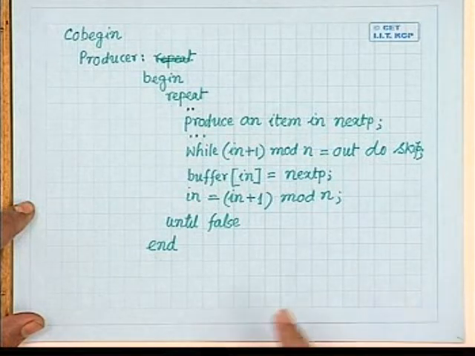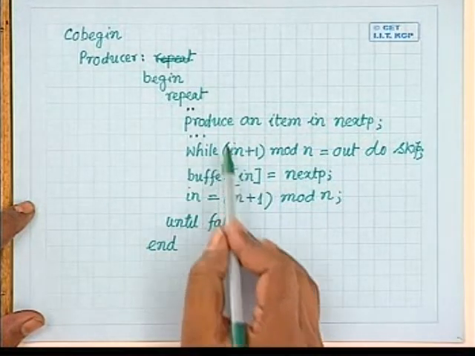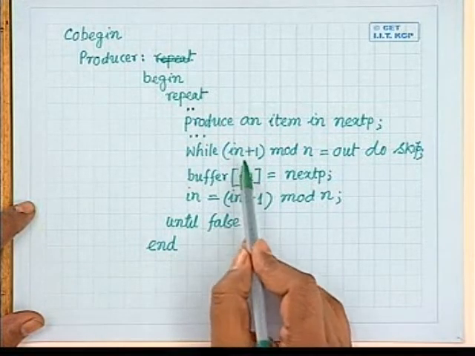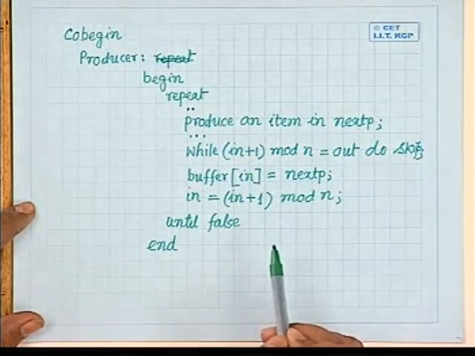If I want to do that, then obviously this algorithm will not help. What can be done is, in addition to using these in and out pointers, we can have a counter.